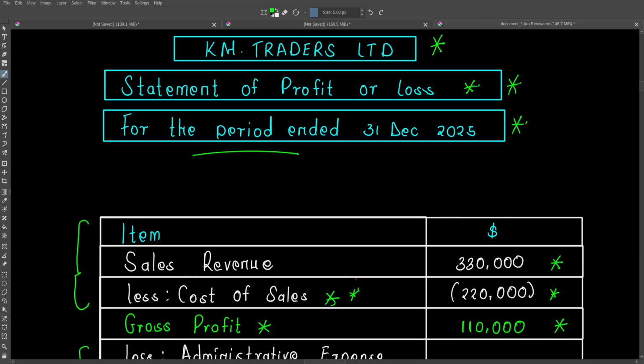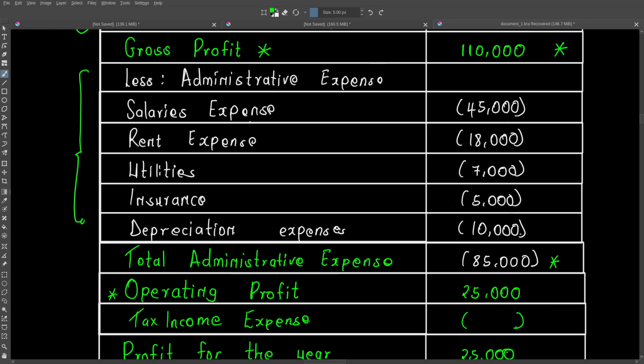This is where you're going to measure the gross profit margin of this business, okay? Then you're able to see the operating effectiveness of that business by the administrative expenses that they have incurred during that period as well, okay? Then you're able to see the profit for the year. So basically, this is how to prepare the statement of profit or loss, okay?